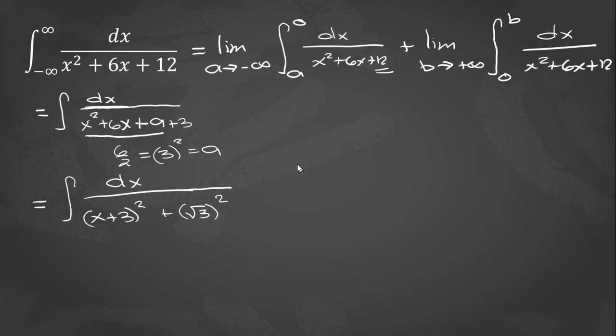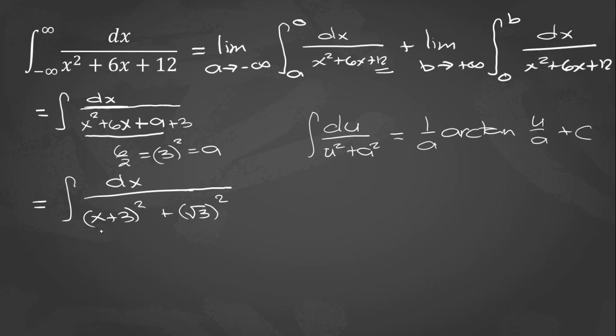Notice that our integral is just an inverse function, where the integral of du over u squared plus a squared is simply equal to 1 over a times the inverse tangent of u over a. So applying this, our u here is x plus 3, and the derivative of x plus 3 is simply dx, so it is equal to 1.